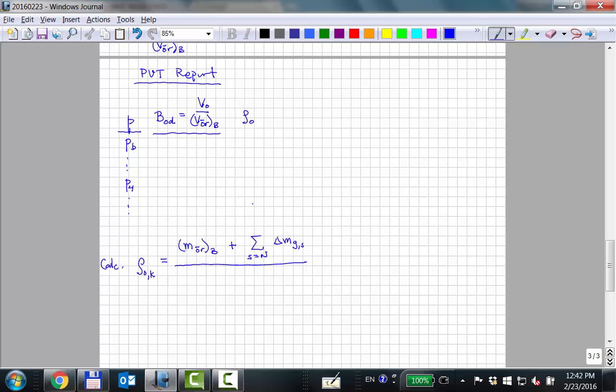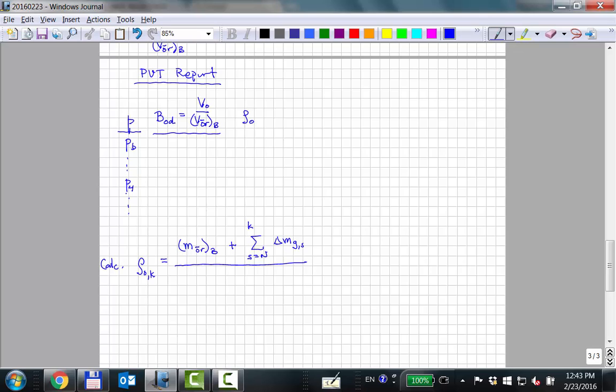Would this be K plus 1 or K minus 1? K. Let's see. Help me out. At stage 4, we remove some gas, right? But we don't want to put that gas in with the other.